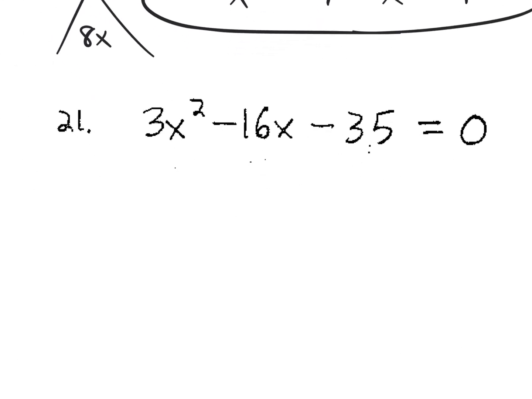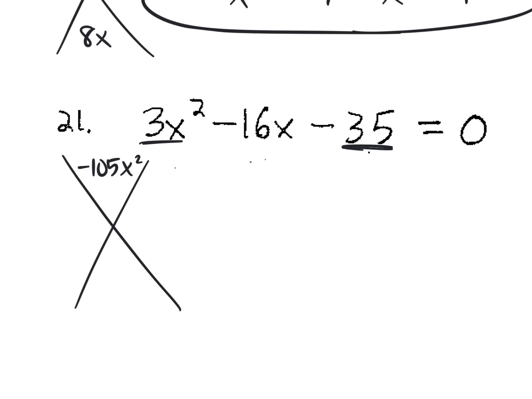Number 21. I've got three terms here. We could start by trying out the quadratic formula, or not the quadratic formula, but factoring. So I'm going to take a times c, which would give me negative 105x squared, and then negative 16x on the bottom. So we think to ourselves, what multiplies together to give me negative 105 and adds to give me negative 16?